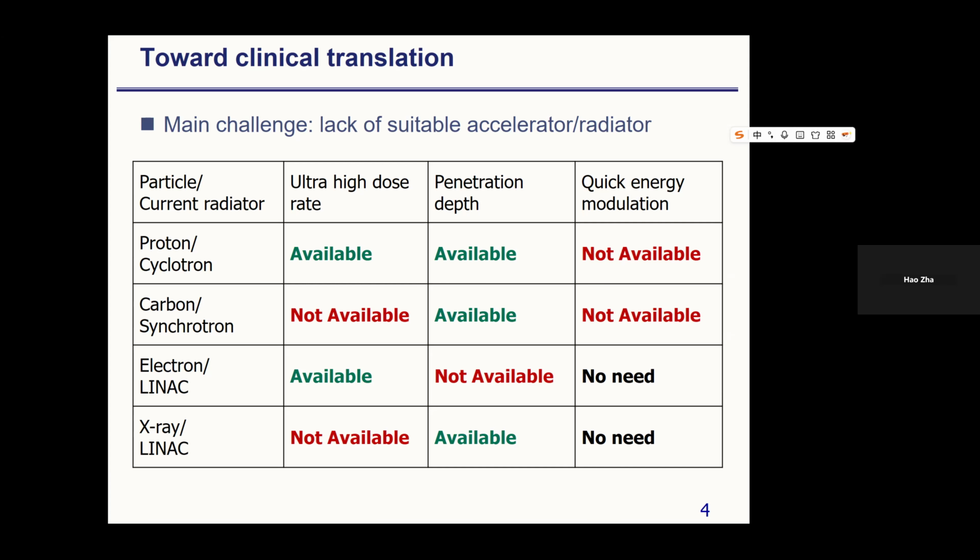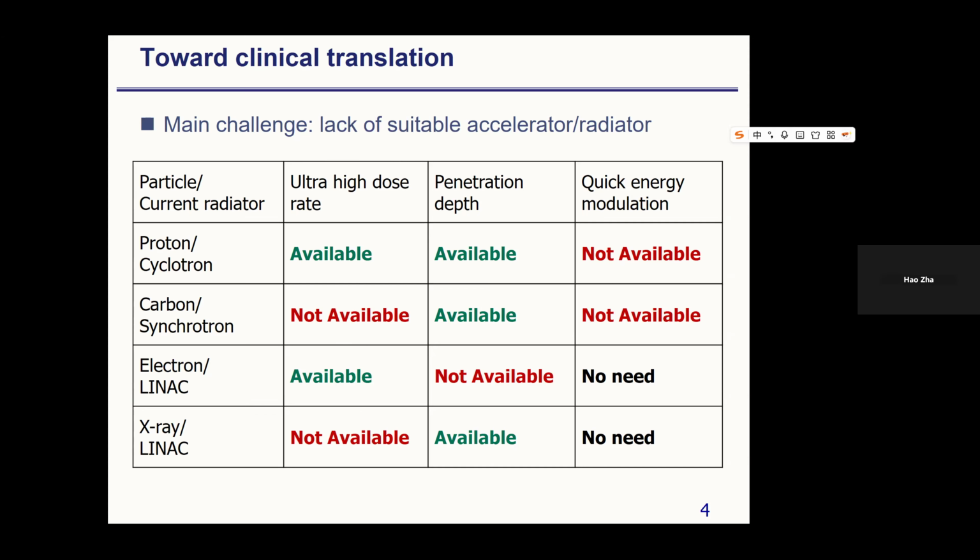Carbon or heavy ions from synchrotrons have very good penetration depths, but the beam current of the synchrotron is often very limited, so achieving a high dose rate is not straightforward.